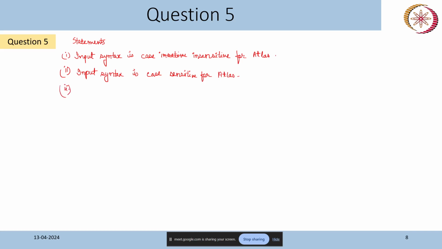The third statement is, input syntax is case insensitive for TonyPlot. The fourth statement is again, case sensitive. Okay.